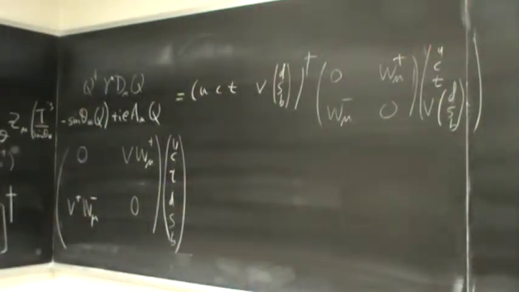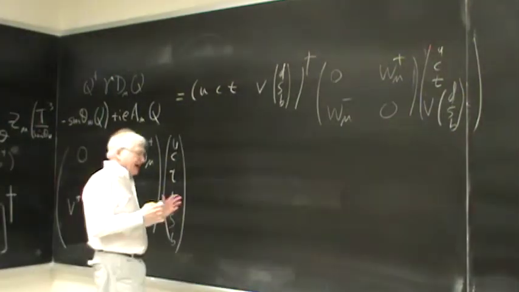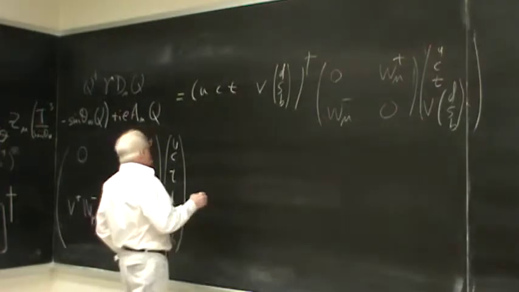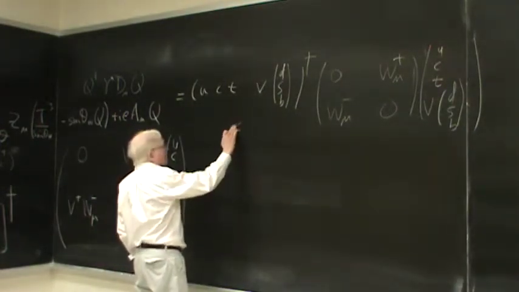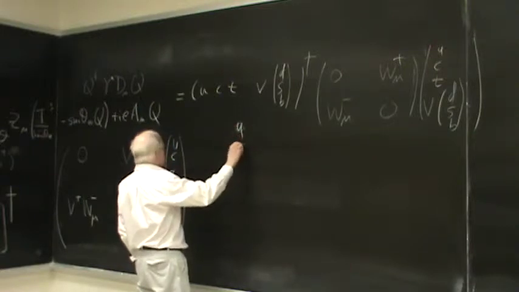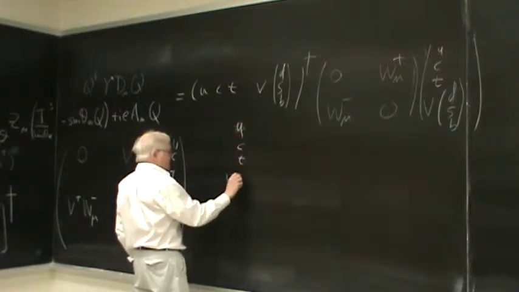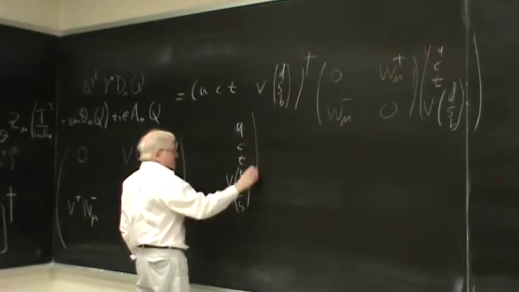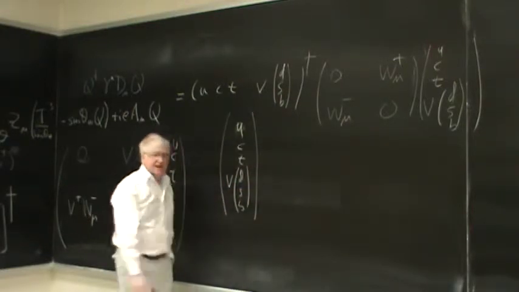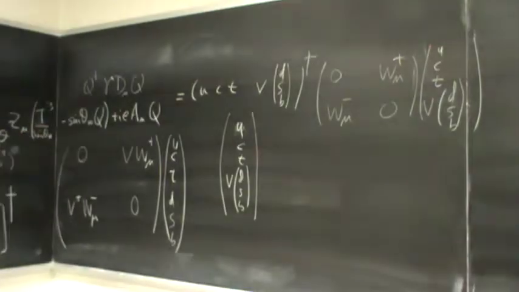So for the purposes of the weak interactions, we use mass eigenstates, but a funny combination of them, namely U, C, T, V D, S, B. So this is our sextet for the weak interactions.